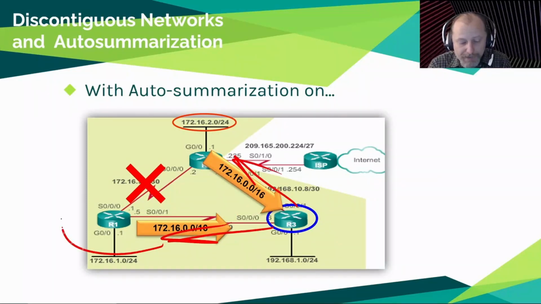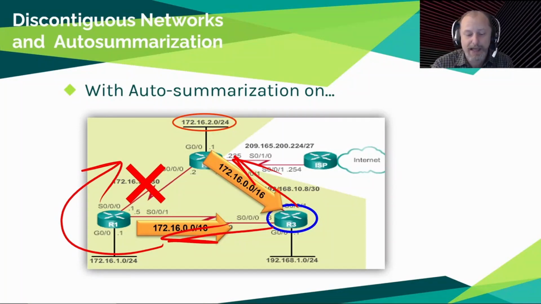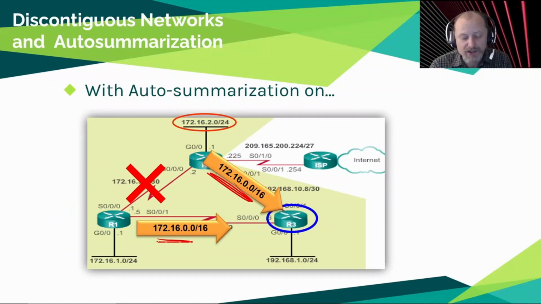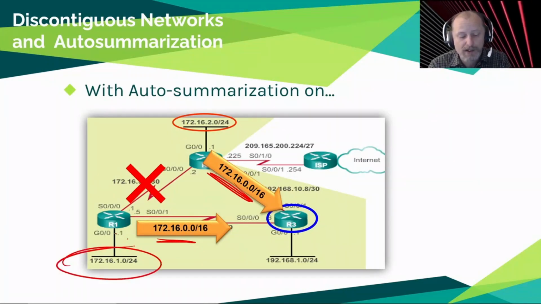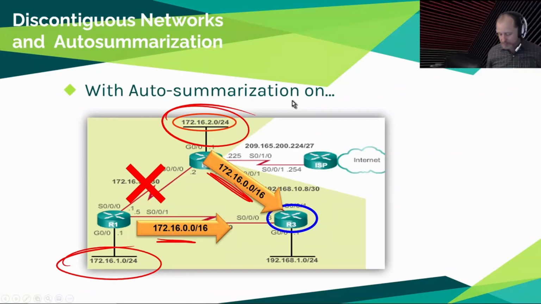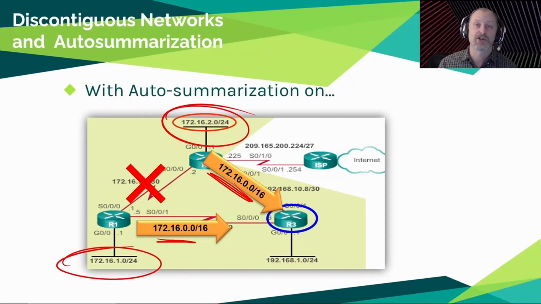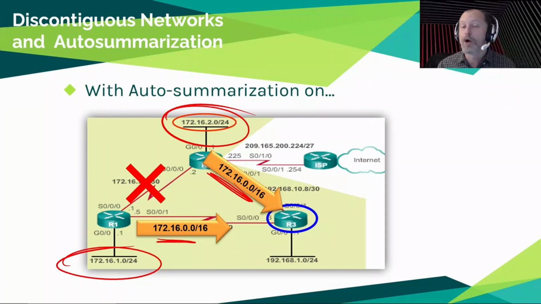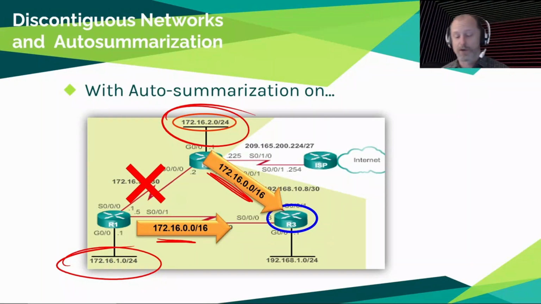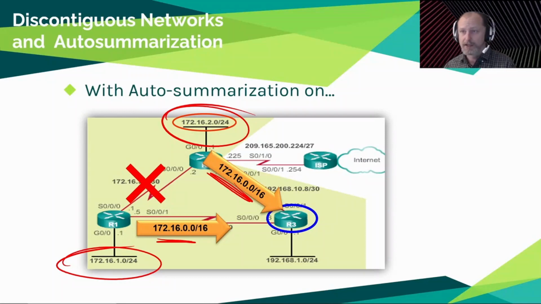Half of our packets are going to get dropped. It's getting black holed. So this is why we don't want to use auto summarization with discontiguous networks, where the classful network is split. And that's also why automatic summarization was turned off, because most networks are not classfully designed where auto summarization would work. They would usually have a problem like this somewhere.